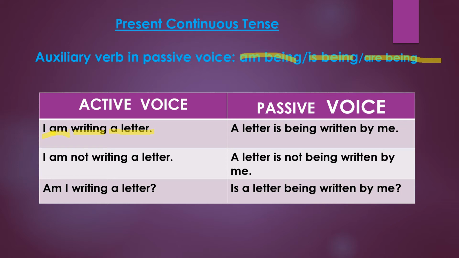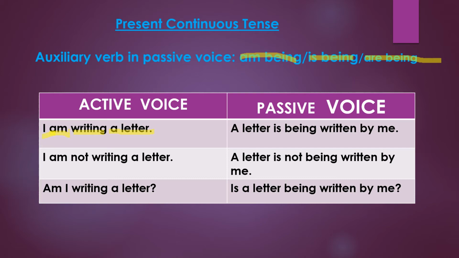Now to change this present continuous tense into passive voice, the auxiliary verb we need to use is am being, is being, or are being. The rest of the whole structure remains the same. The rule for changing into passive voice remains the same. The only change is the use of the auxiliary verb.